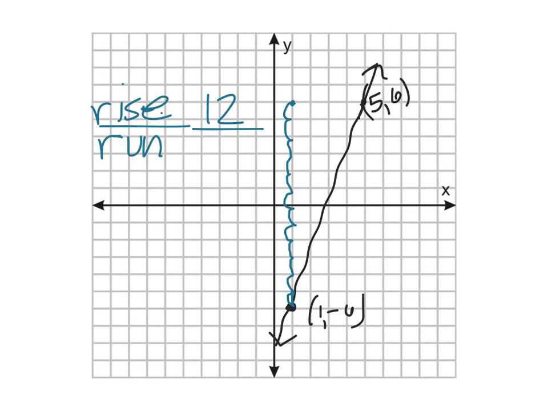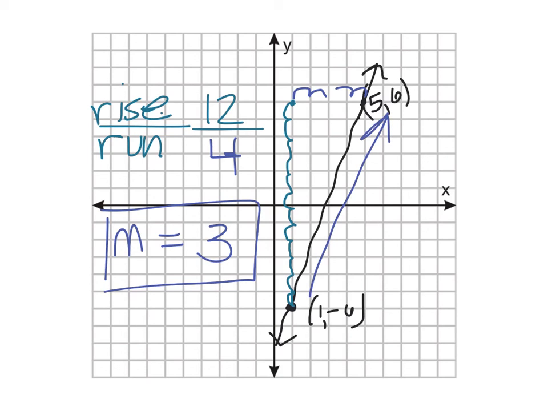And now I'm going to switch colors to do my run. My run is over to the right, so 1, 2, 3, 4. So it took me 4 units to the right. But I can simplify this. 12 is actually divisible by 4, so that means my slope, or my m, has a value of 3. And I know it's positive because it's rising from left to right.